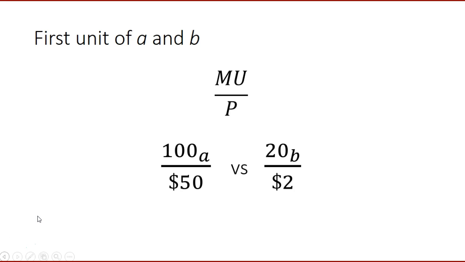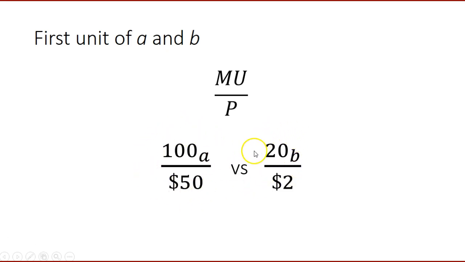Now if we compare the two options, we can see that we get a very different outcome. Although the concert gives you much more happiness, 100 units of happiness, the price is $50 to get it. So you would be effectively receiving 2 units of happiness per dollar if you simplified this ratio.